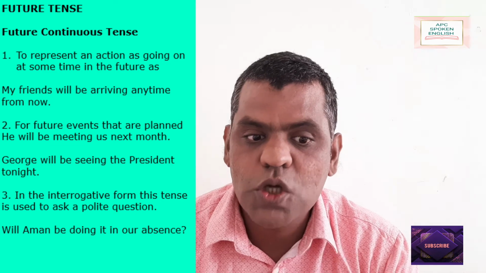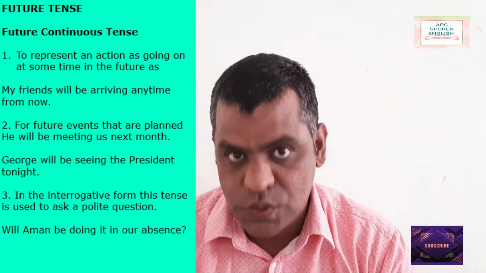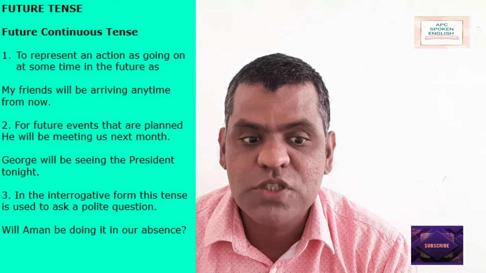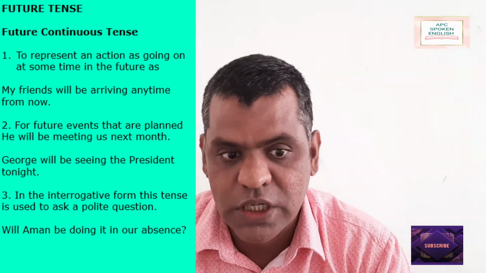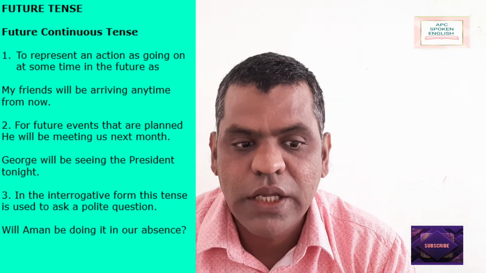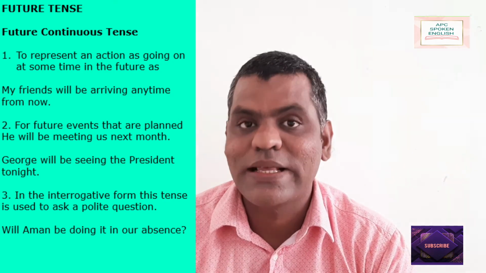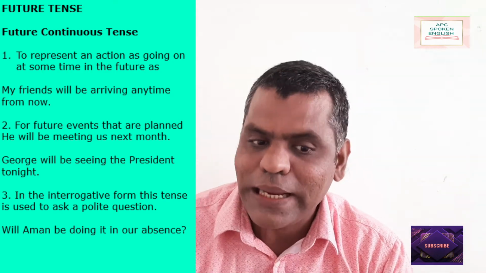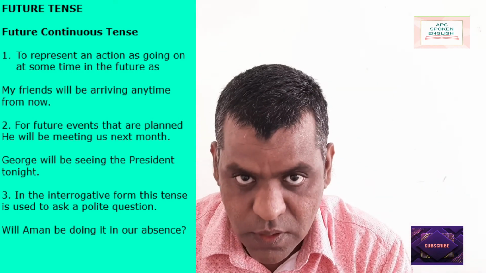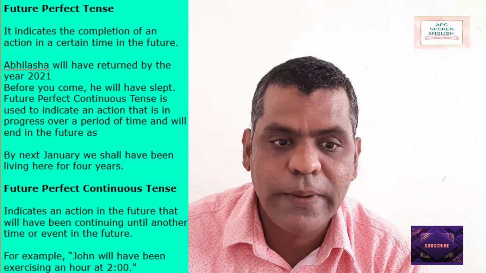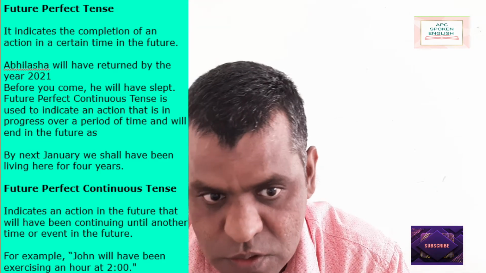George will be seeing the president tonight. Will be seeing. These indicate the future continuous tense forms. In interrogative forms, this tense is used to ask a polite question. For example, will Aman be doing it in our absence? So in interrogative form also the future continuous tense is used.